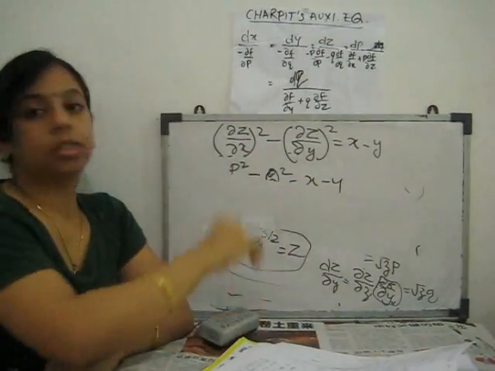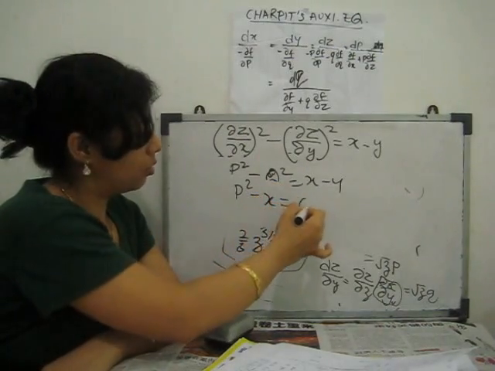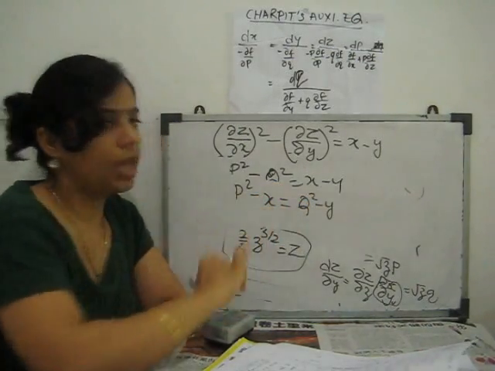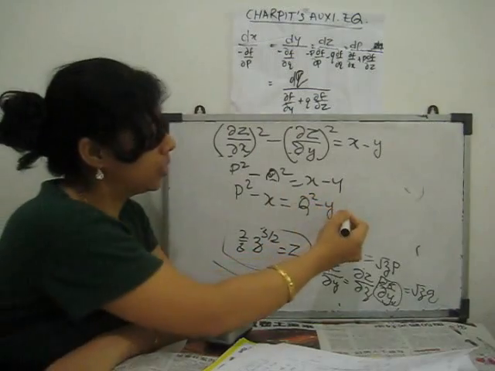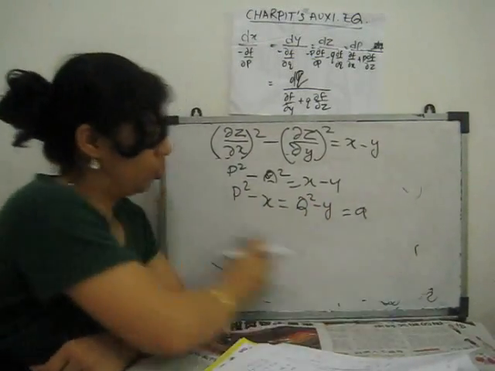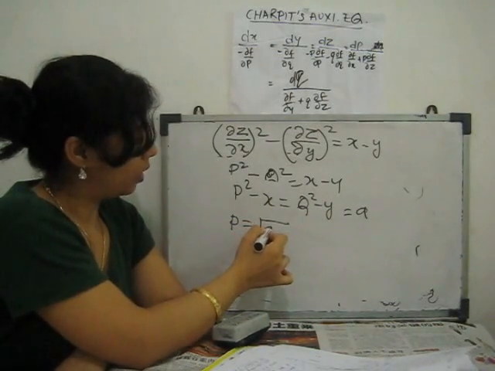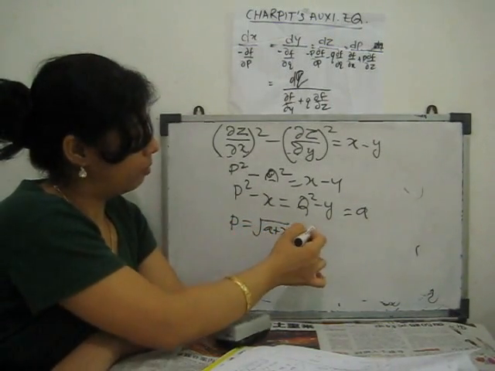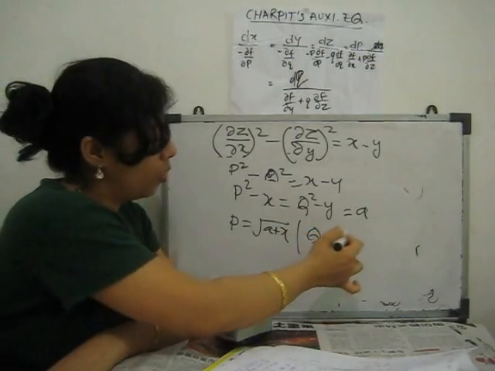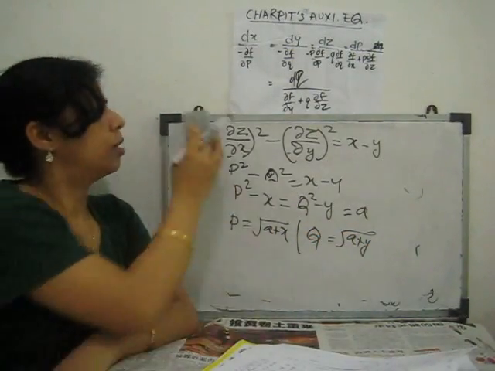Now this goes the same way: P square minus x equal to Q square minus y. Clear? This is separable. We can say this is equal to one constant. It gives P equal to square root of a plus x and same Q equal to square root of a plus y. Clear? Now substitute.